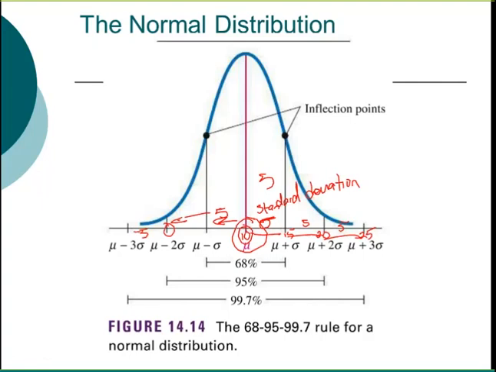Okay, so we're going to talk about area under the curve in this lesson. We're talking about the amount of data inside the curve on these particular questions. Now, the 68, 95, 99.7 rule for a normal distribution is that 68% of your data lies within one standard deviation of the mean, okay?